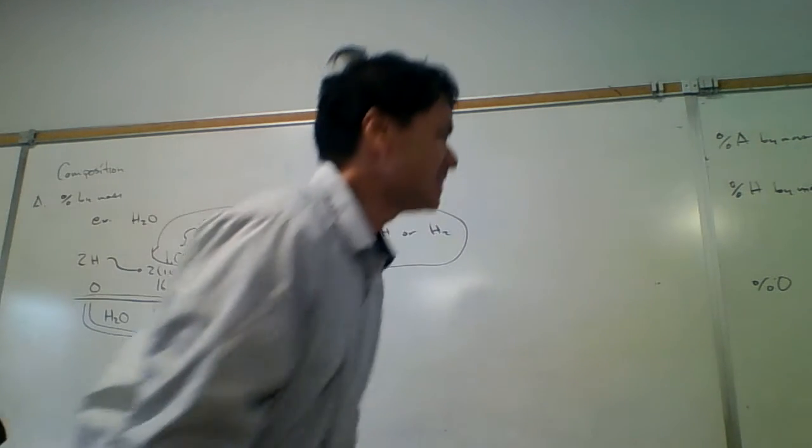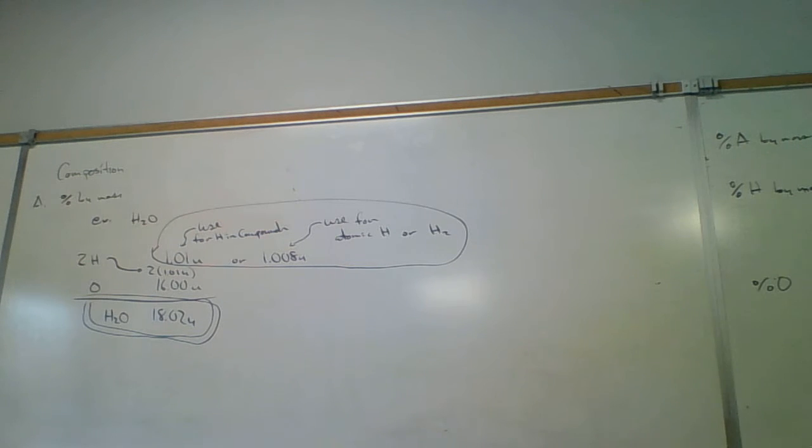In fact, if I add these 2 numbers, they should add up to 100% because this is just made up of hydrogen and oxygen. But these 2 combined do not add up to 100%. This is just slightly less than 100%.